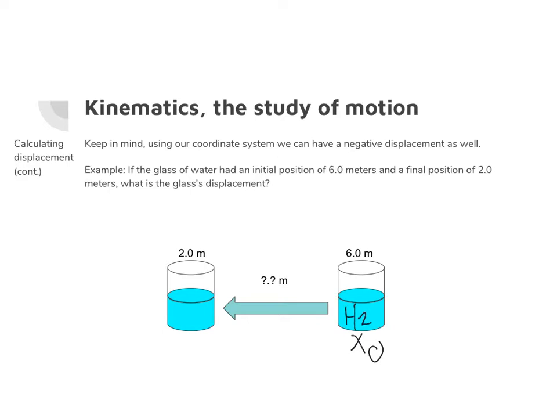The water's final position, xf, is 2 meters. Then what is our beaker of water's displacement?